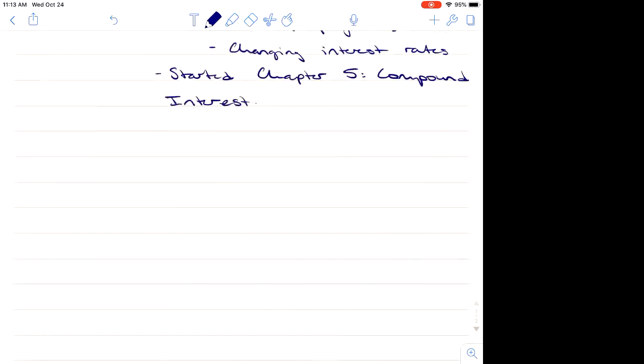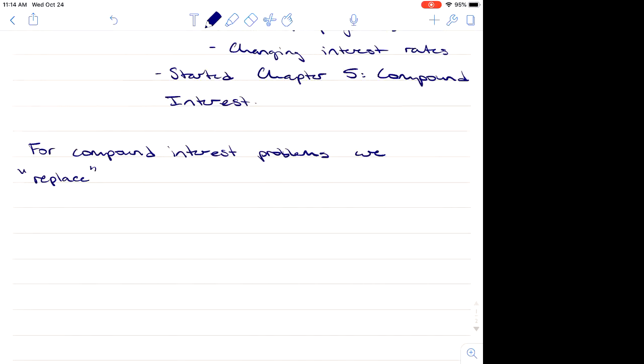And so the difference is, instead of time, now we're interested in the number of compoundings, right? So for compound interest problems, we replace, I'll put air quotes around replace, right?